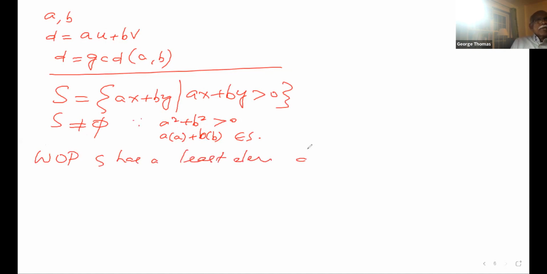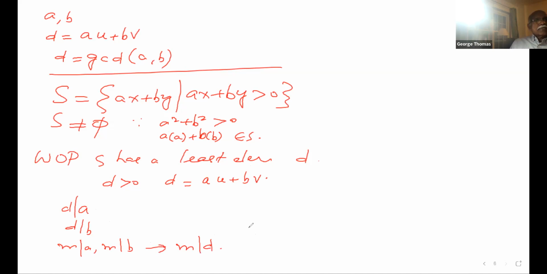D. Now D, because it is here, is bigger than 0, and D is equal to some A times U plus B times V. We found that D divides A, D divides B, and if M divides A and M divides B, we found that M divides D. This implies that D equals GCD of A and B. Done.